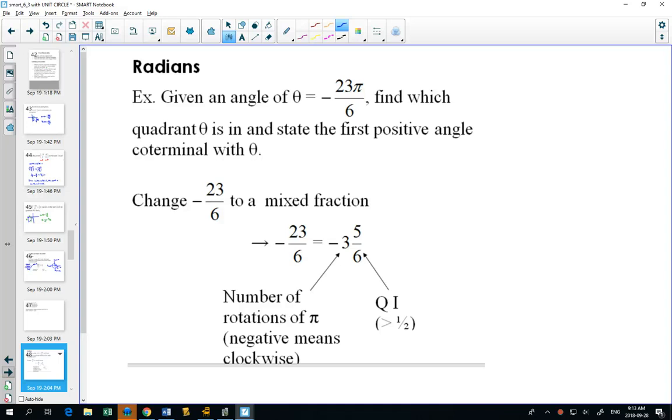And so negative 23 pi over 6 is equal to negative 3 and 5/6 pi. That would be fine as well. Okay?